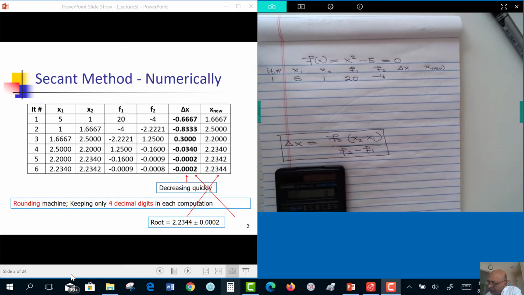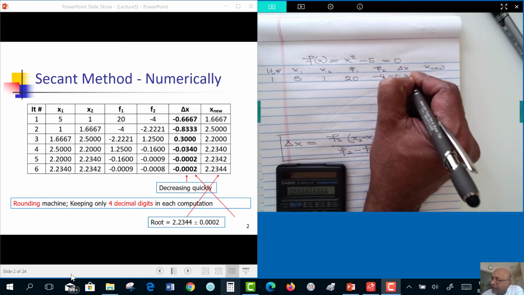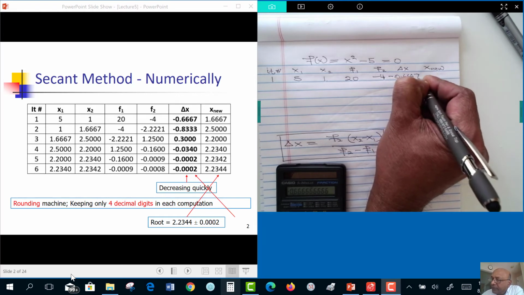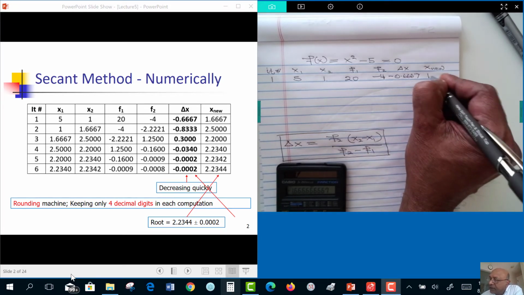And we have f2, which is negative 4, times x2 minus x1, which is also negative 4, divided by f2 minus f1, which is negative 24. And we will get 0.6667. We'll keep 4 digits only. And we are going to subtract 1 minus delta x. So we will get 1.6667.